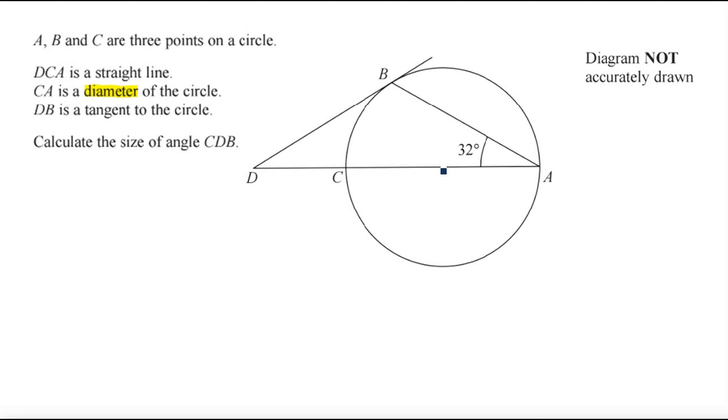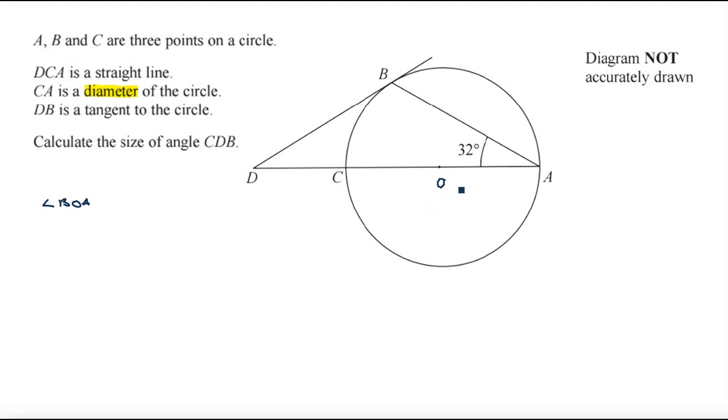So the midpoint of CA must be the center of the circle, and let's label it O. So now we've got the centre of the circle. Let's join B to O. So angle BOA is what I'm after here.